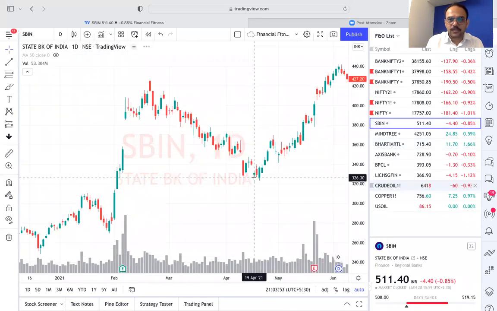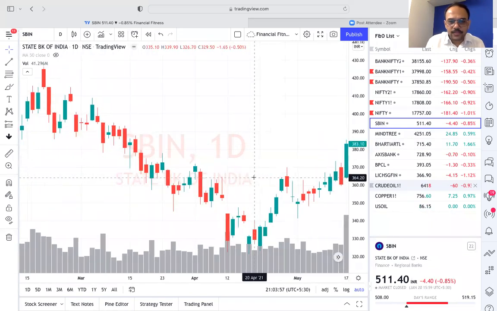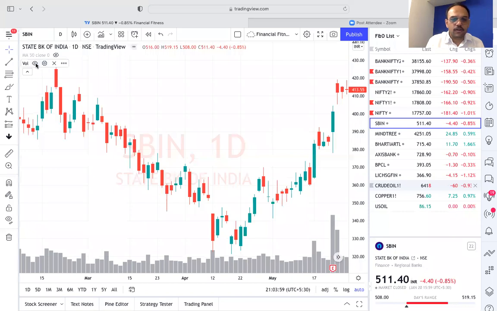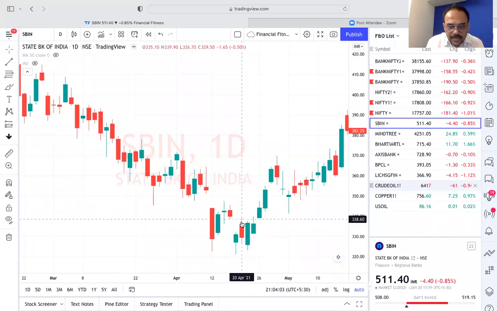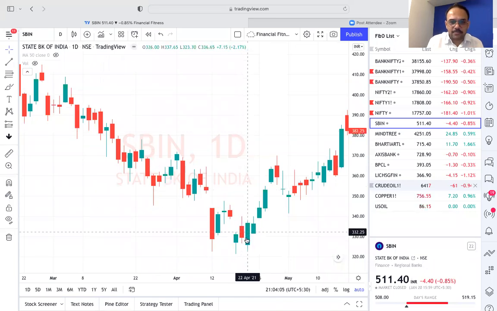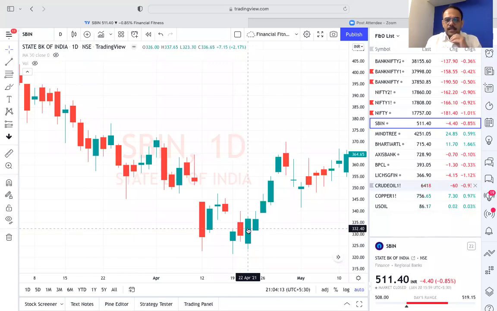Okay, let me find a good example. SBI. Now see here, I'll hide the volumes. See this candle of 20th April, here is my mouse. At the bottom is the red candle. And the red candle of 20th April is totally covered by the 27 April candle, which is bullish engulfing.